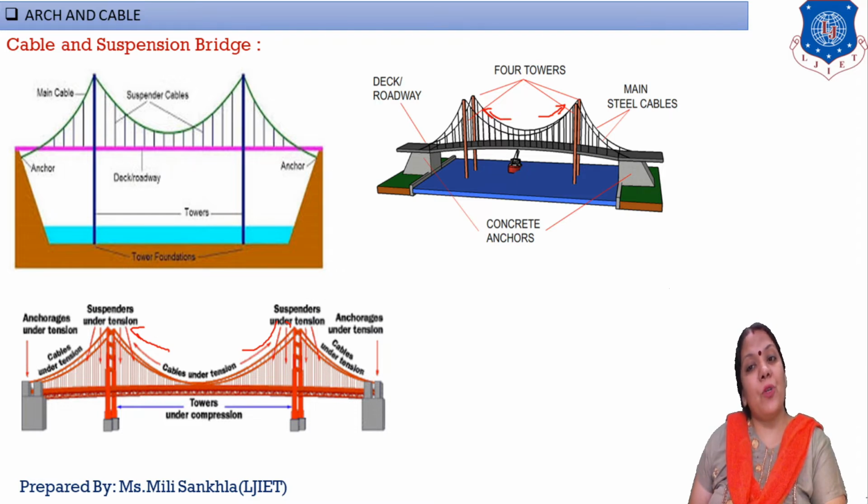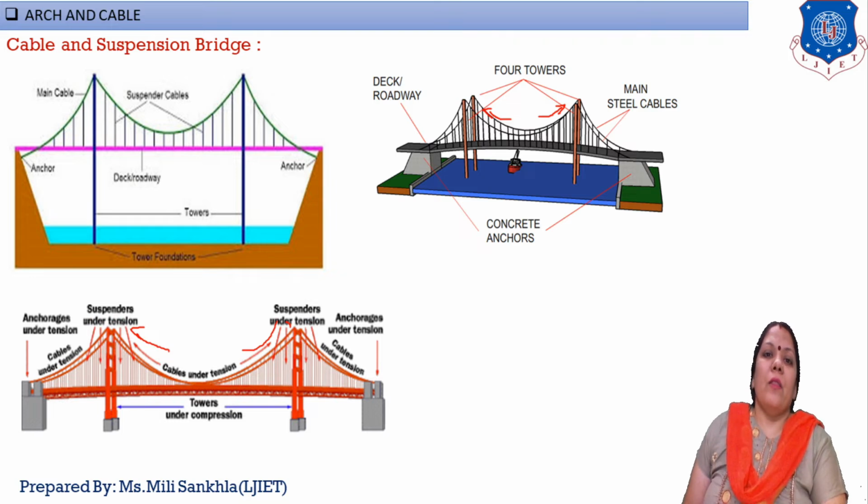The tower is subjected to compressive force, and the cable is subjected to tensile force. This is the load transfer phenomenon in a suspension bridge. Again, this figure says the same thing: these verticals are the suspenders, the deck slab is the horizontal member, and the anchor, the huge concrete mass, is also known as the anchorage.